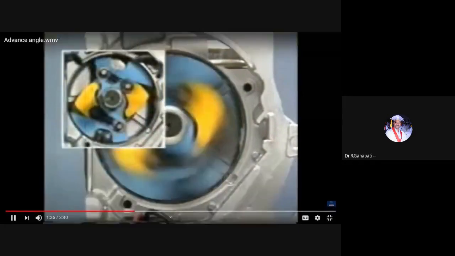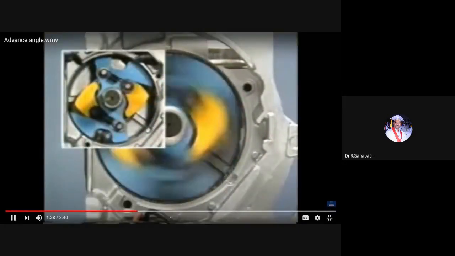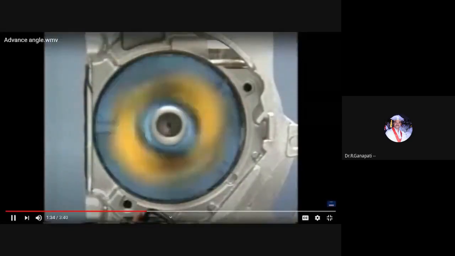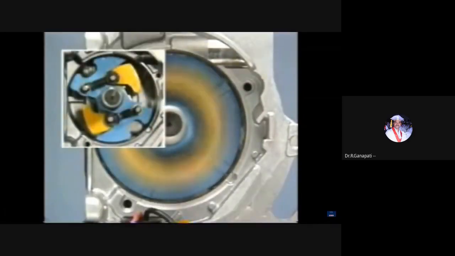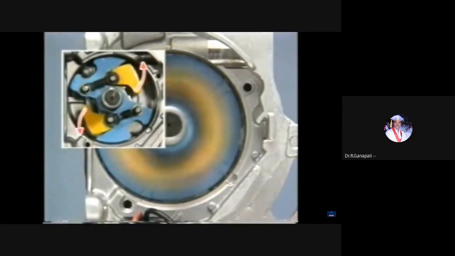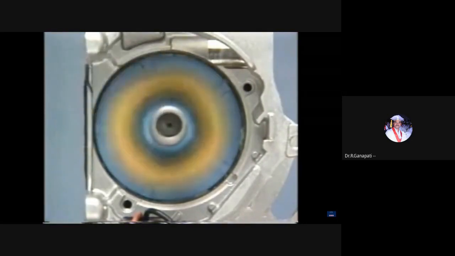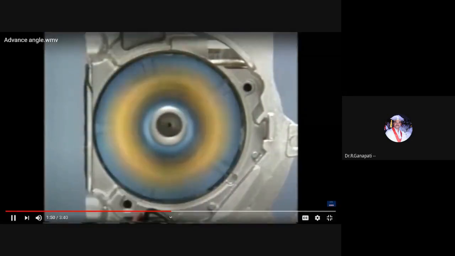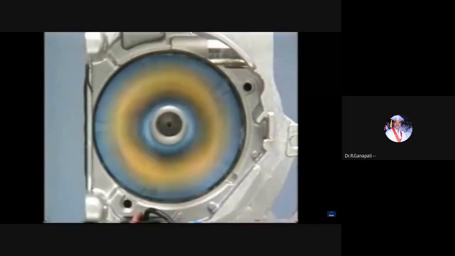At low engine speeds, the flyweights are kept closed by the force of the springs. As the engine speed increases, the flyweights are gradually thrown outward by centrifugal force. Then the cam plate moves the signal rotor in the direction of rotation until the centrifugal force balances the spring force. This operation controls the advance angle.